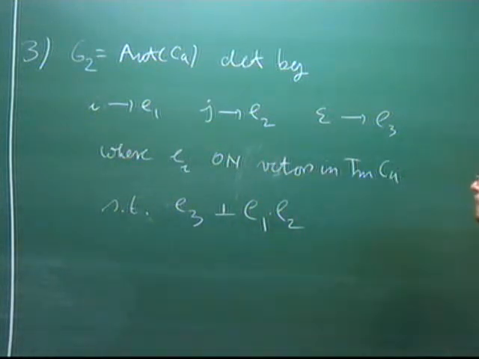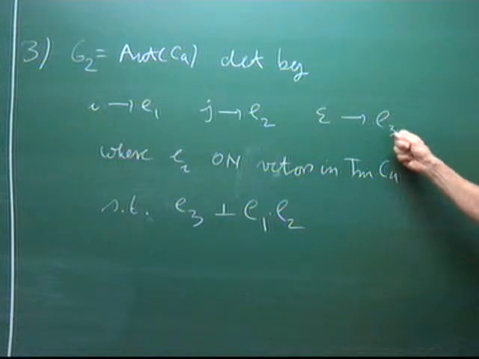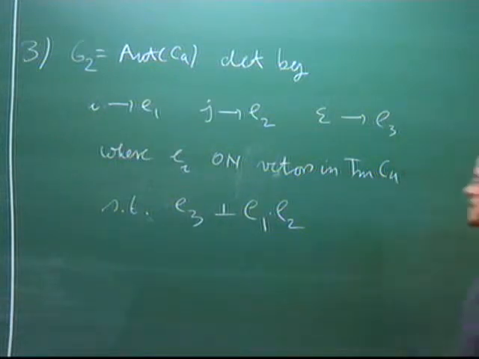And conversely, if I have such an orthonormal basis, then this gives me an automorphism. Right? So that's our characterization of G2. This now has the following implications, which are kind of interesting.